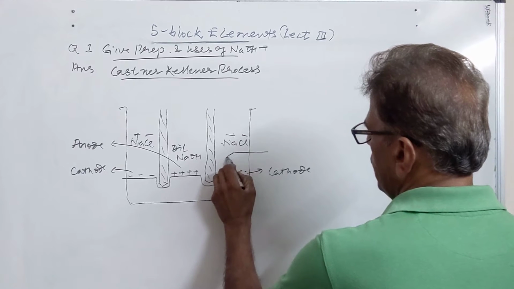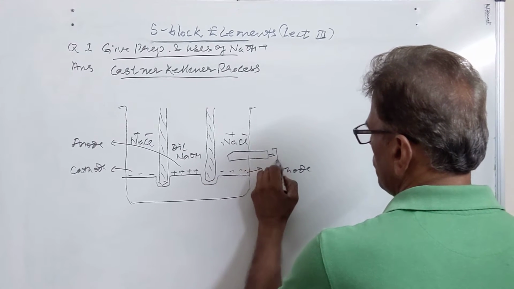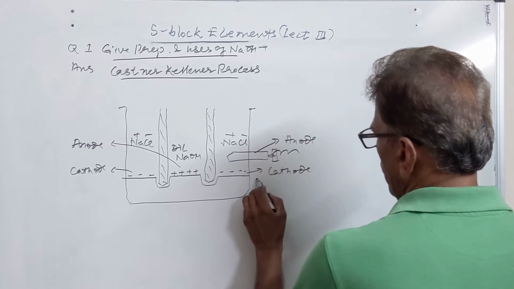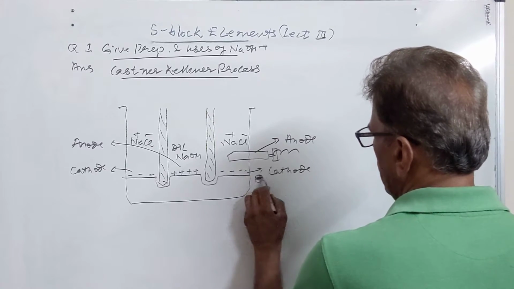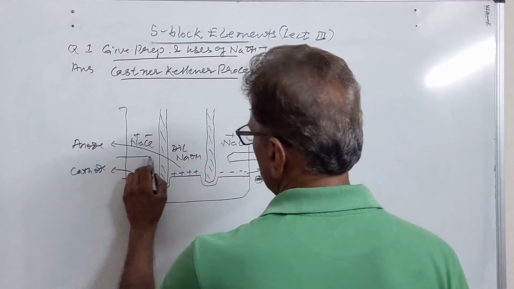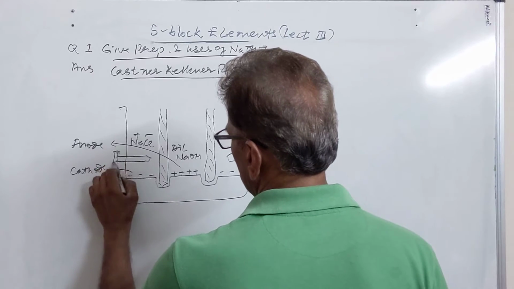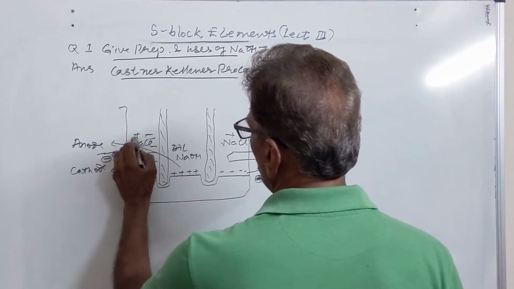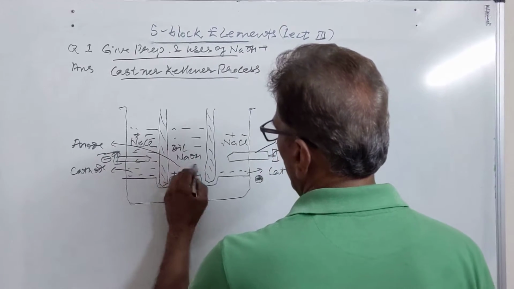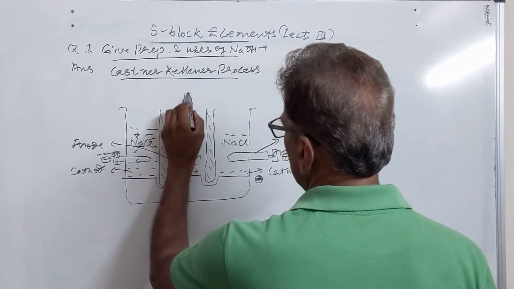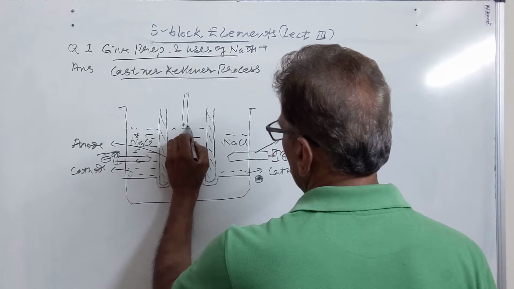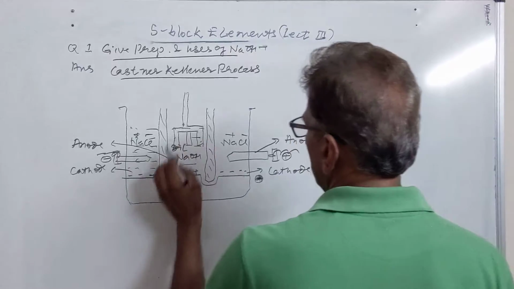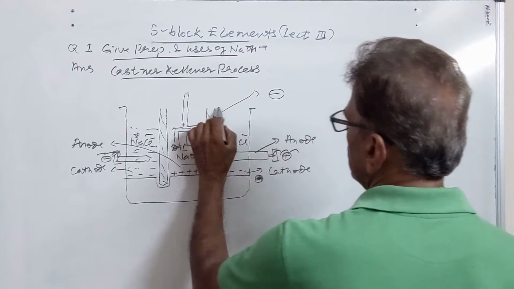The outer compartments are fitted with 2 metal anodes, which have the positive charge on them. In the central compartment we have a number of rods of graphite which act as cathode here.